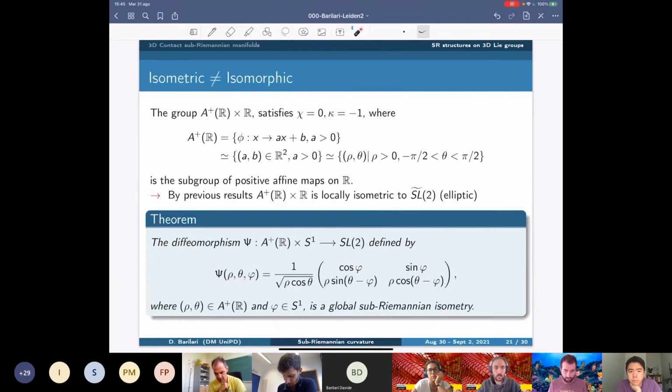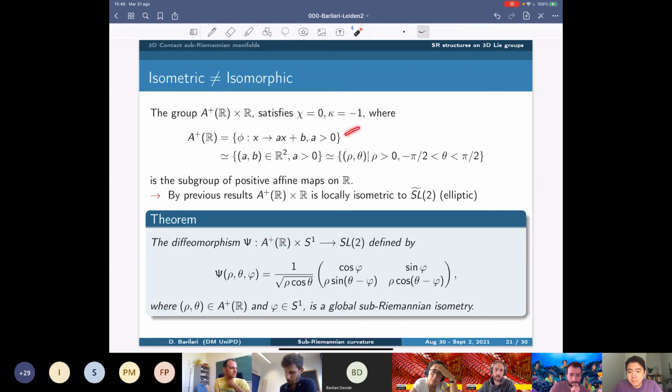Here you have an explicit Sub-Riemannian isometry between two non-isomorphic groups with non-isomorphic Lie algebra, because the first one is SL2, and the second one is the group of affine maps on the real line times R. So this is a three-dimensional group, and we can describe these affine maps on the real line, of course, with the coefficients A and B, with A positive, so it's positive affine maps.